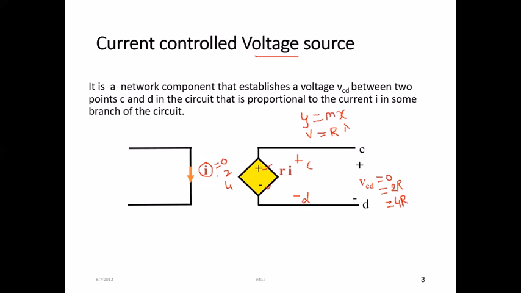So a current dependent voltage source is represented with a plus to minus rhombus symbol, and the voltage across it is given by a constant, which you can represent as R multiplied by I.